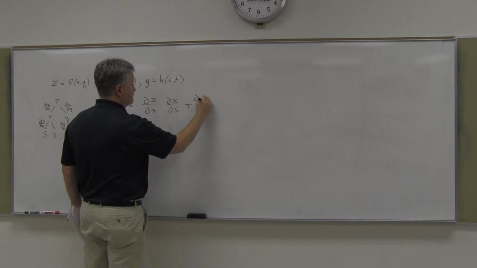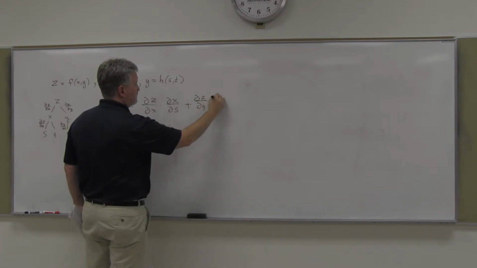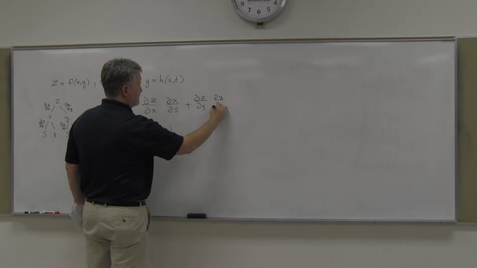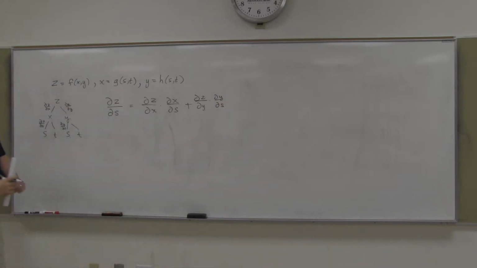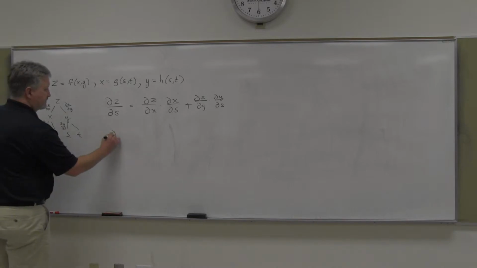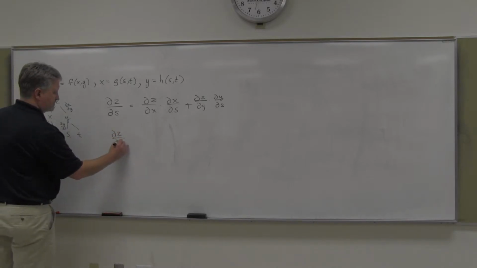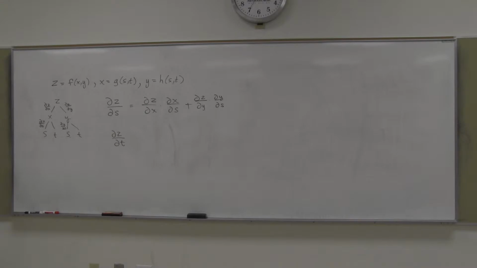So it's more or less the same sort of thing we were doing. There are other examples, but again, the complication is that's not the only derivative of z we can compute here. We can also do the derivative of z with respect to t. It's going to be a partial of z with respect to t. And again, just follow the trails here, if you will.